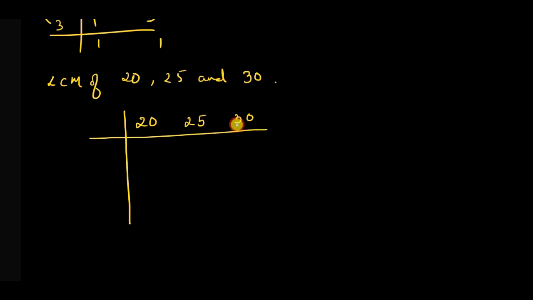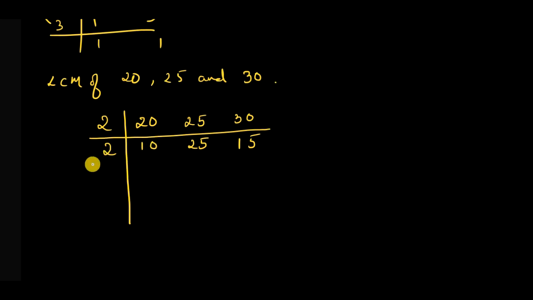We know the drill. First, we need to write the smallest prime number, that is 2. Is any number divisible by 2? Yeah, 30 and 20 are divisible by 2, so I'll write it down. Then 25 will stay, it's not divisible, so I'll write it as it is. 10 and 15. Should I write down 2 again? Yeah, because there's 10. There's still a number which is divisible by 2.